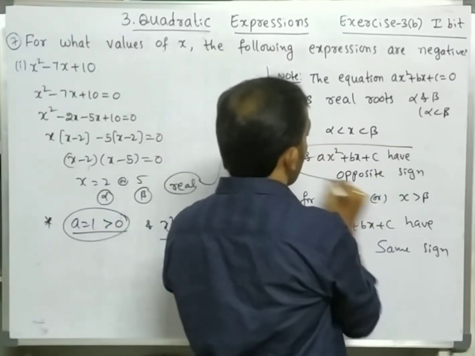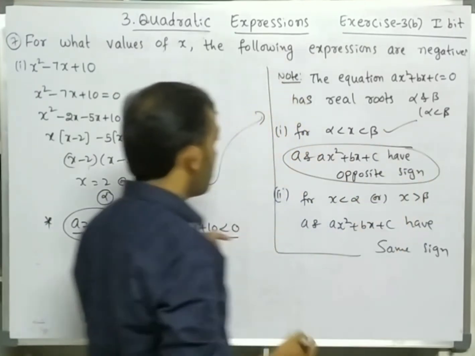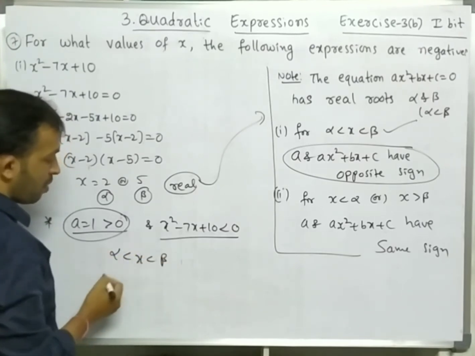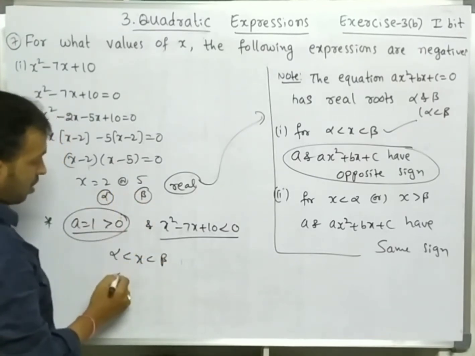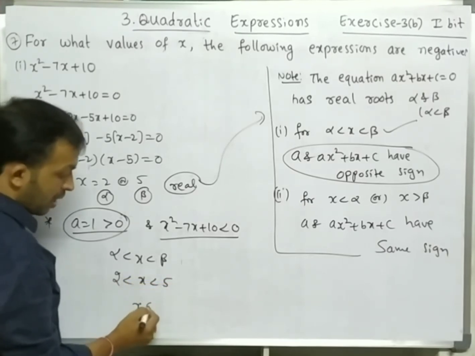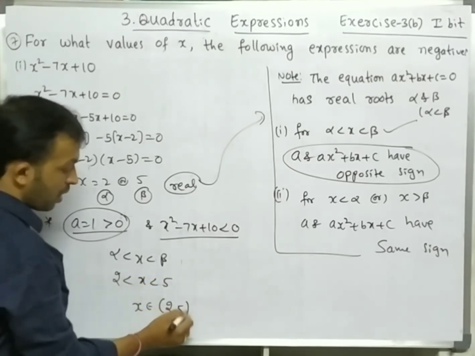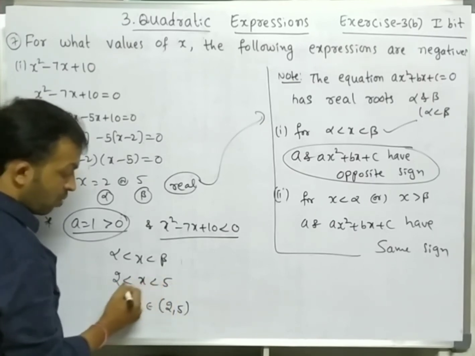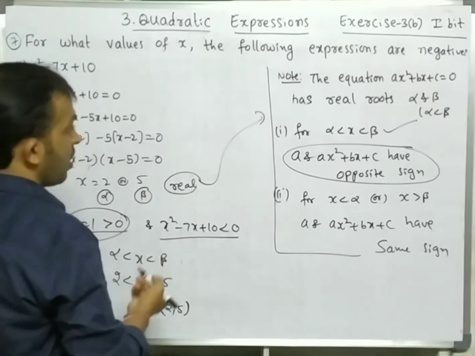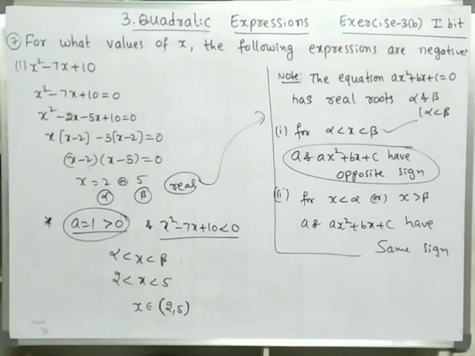So this is possible in this case, that means alpha less than x less than beta. In this case only it is possible. So what is alpha? That is 2 less than x less than 5. This can be written as x belongs to (2, 5). So x lies between 2 and 5, right? That means it can be written as (2, 5). So this is the way of solving the problem.